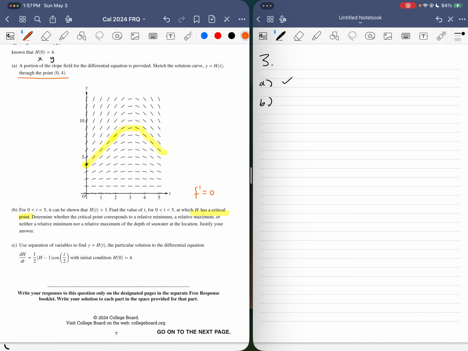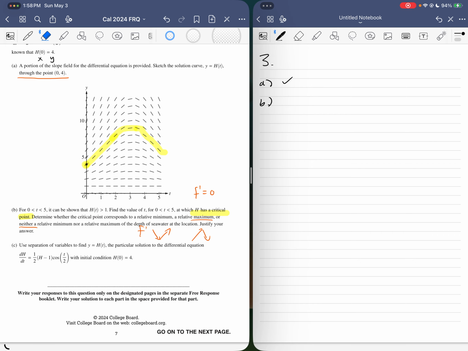Determine whether the critical point corresponds to a relative minimum, a relative maximum, or neither. A relative minimum is when the derivative goes from negative to positive, and a relative maximum is the opposite. Neither means the sign stays the same, like negative, negative, okay? Relative minimum, relative maximum, or neither, of the depth of the seawater at that location. Justify your answer. So this one, you just have to do it.